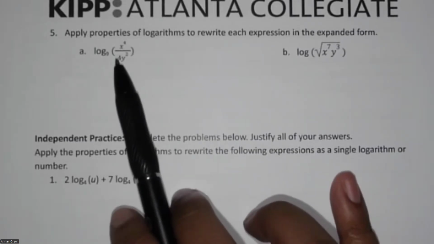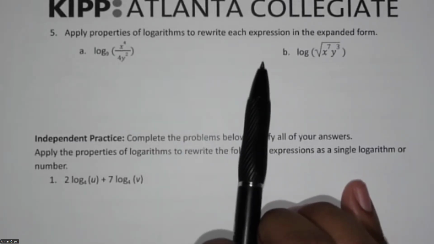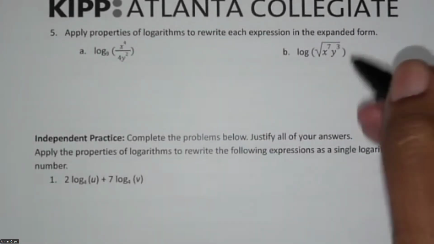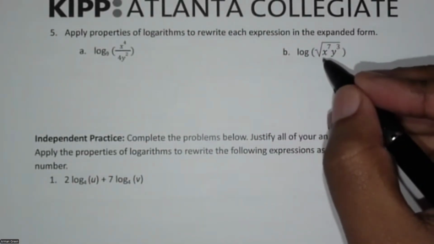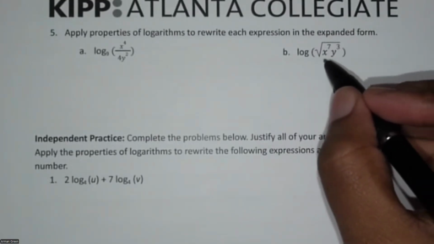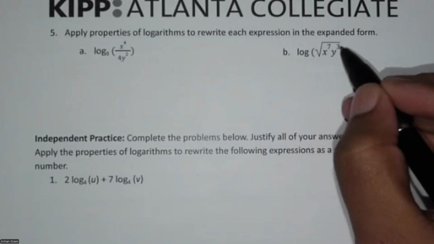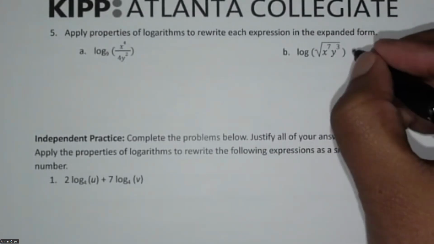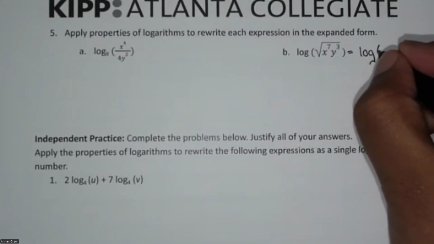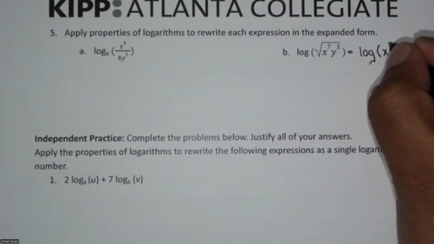Now, you're going to get some time to try this on your own, and then I'll share the answer with you. But before you start, the one thing I want to point out is that for this problem here, where you have the square root of this thing, as a little hint, we can actually rewrite this.